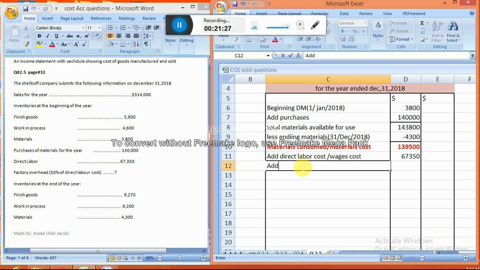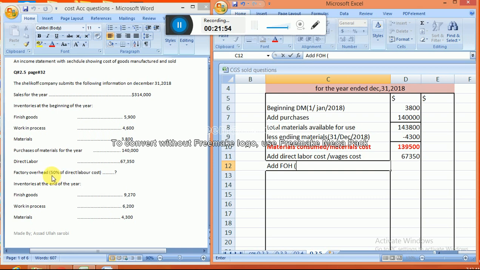So we will add the factory overhead cost, FOH cost. But if we look at the question, the factory overhead cost is not given. That is a question mark. So what should we do now? Here a clue about the factory overhead is given.